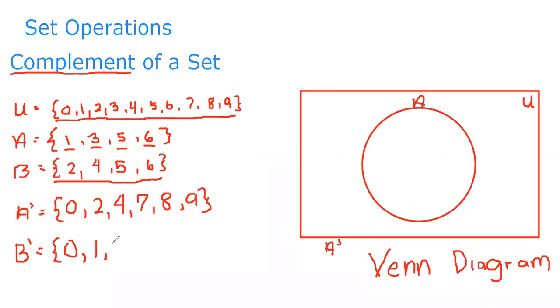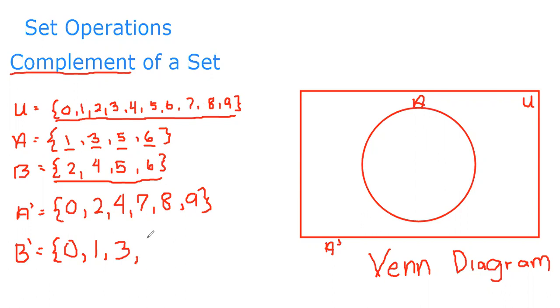What is another element that is not in the set B? 3. Another? 4, there is 4, there is 5, there is 6.